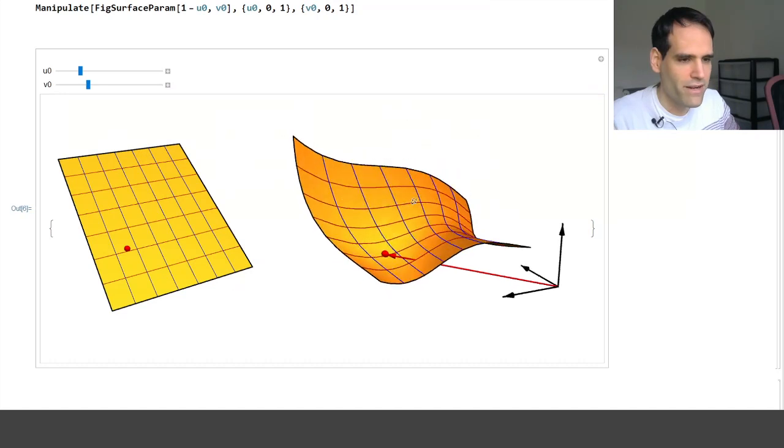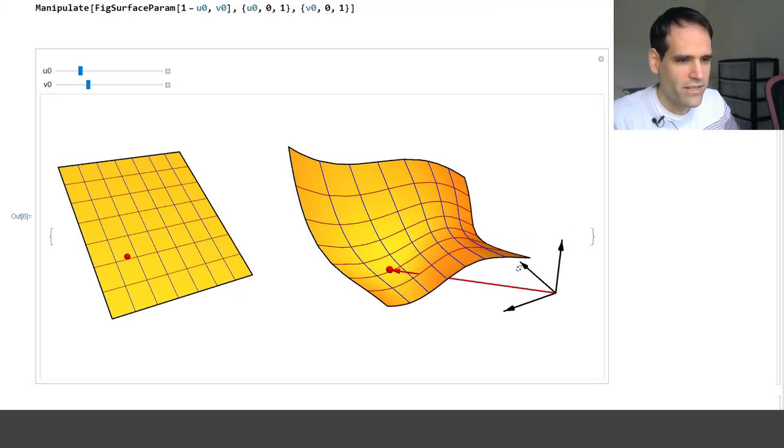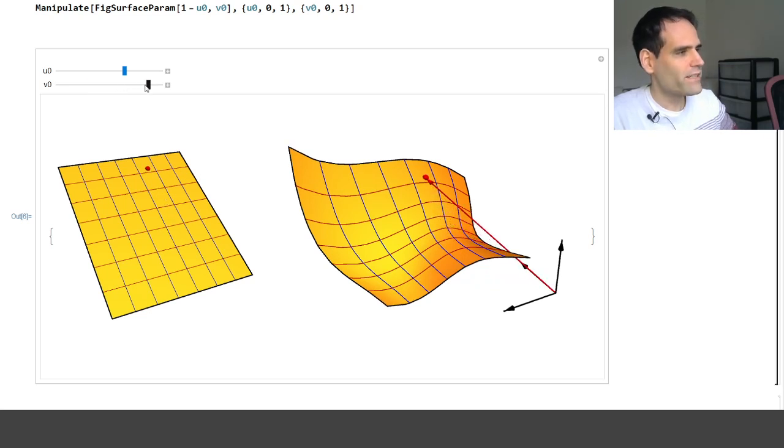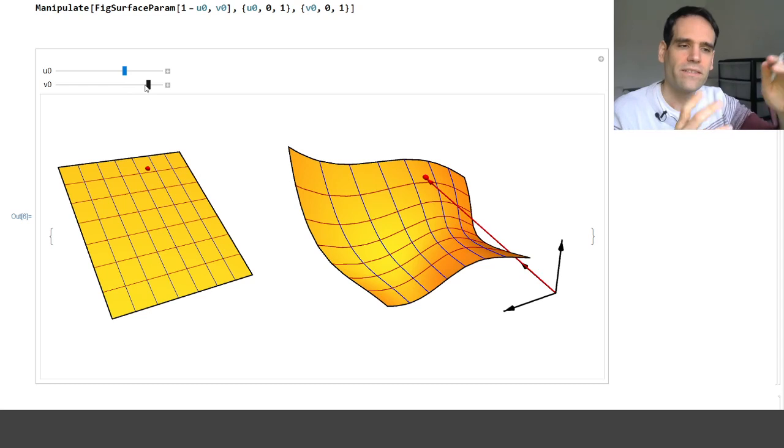Okay, so this is a three-dimensional surface, and I'm representing the origin of three-dimensional space. And now the red arrow here is the vector r that joins the origin to a position on the surface. And you can see that if I change the value of u, or I change the value of v, the position vector is moving throughout the surface.